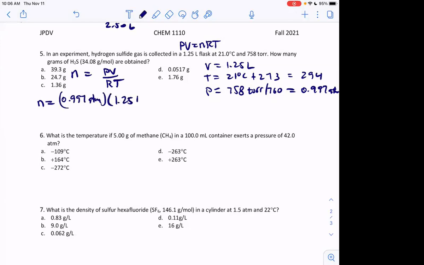1.25 liters, 0.0821 liter atmospheres per mole Kelvin, and 294 Kelvin. On a multiple choice exam, using 273 is fine instead of using 273.15.